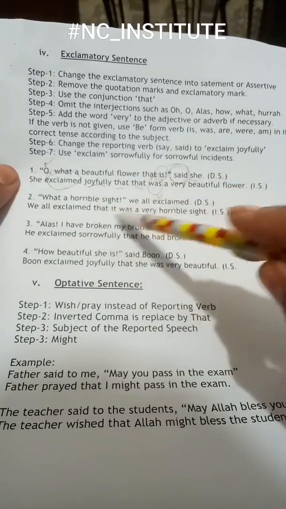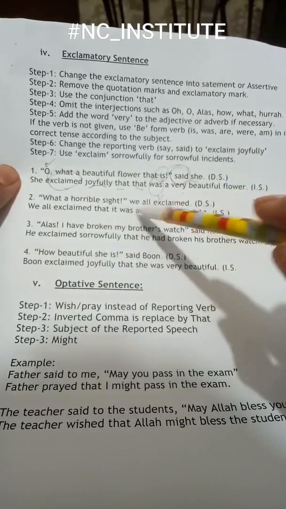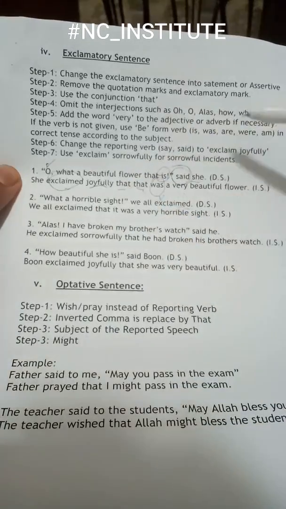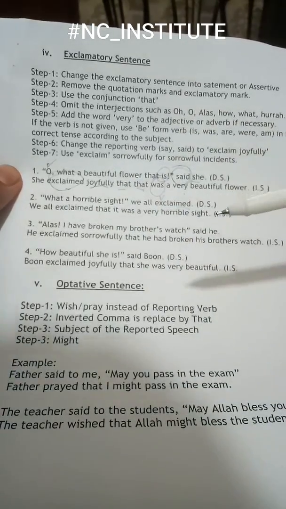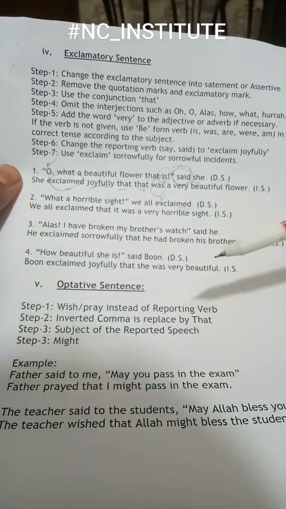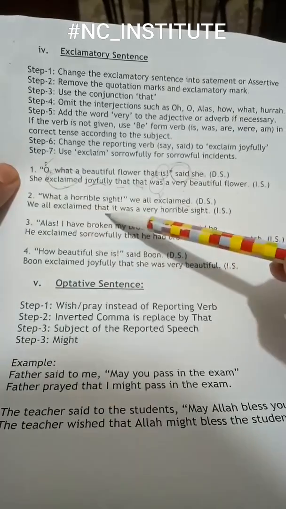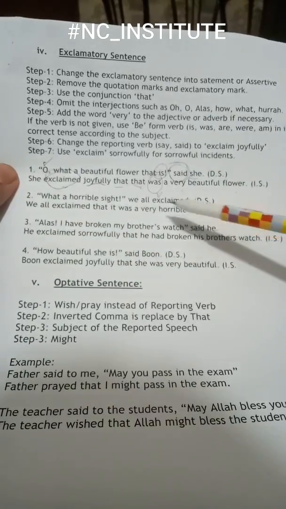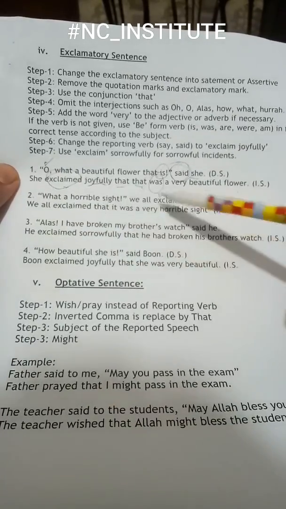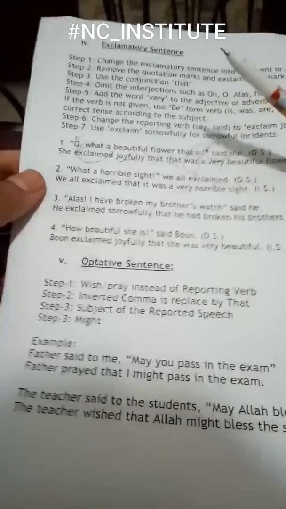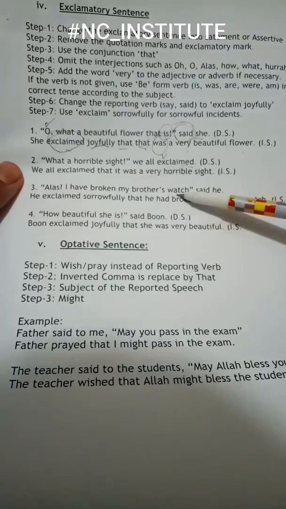And in another sentence, what a horrible sight, we all exclaimed. So horrible sight refers to his disgust, his disturbance, his dislike. That's why we all exclaimed that it was a very horrible sight. Now, alas, I have broken my brother's watch.